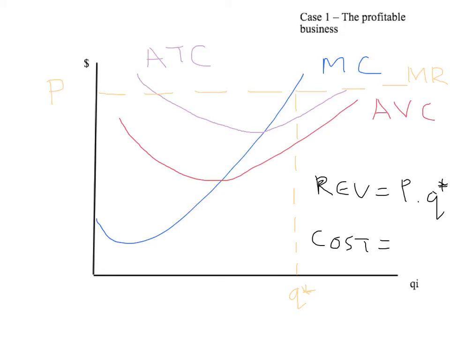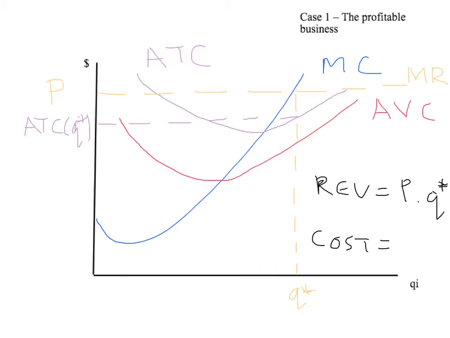What is the firm's total costs? Well, it's going to be average total cost, given by this purple curve, times its quantity. Average total cost at that quantity, well, let's put it on there. Average total cost for the quantity Q star is given by this dashed line. Let me put that on over here. Average total cost at Q star.